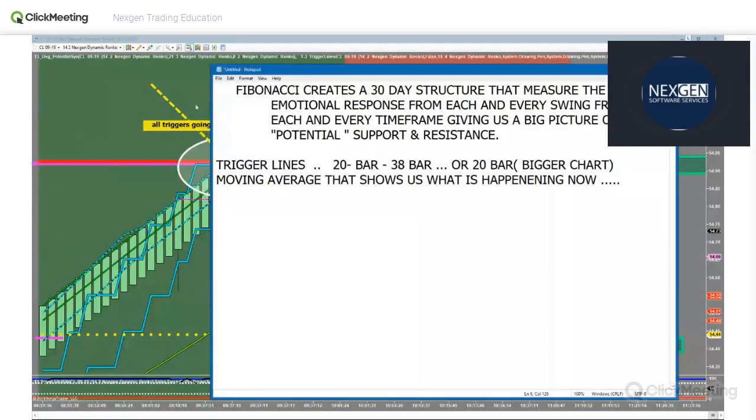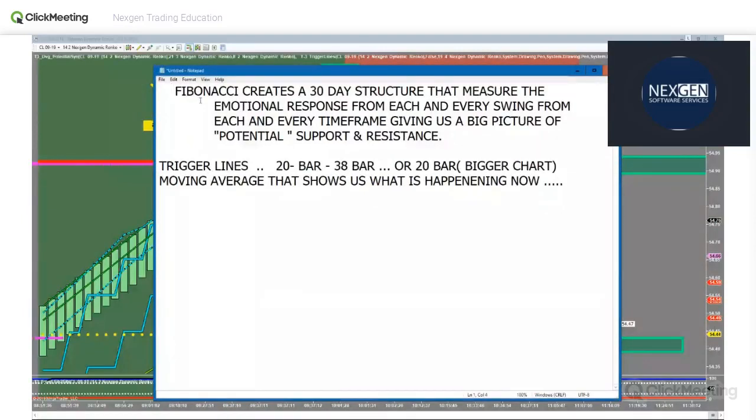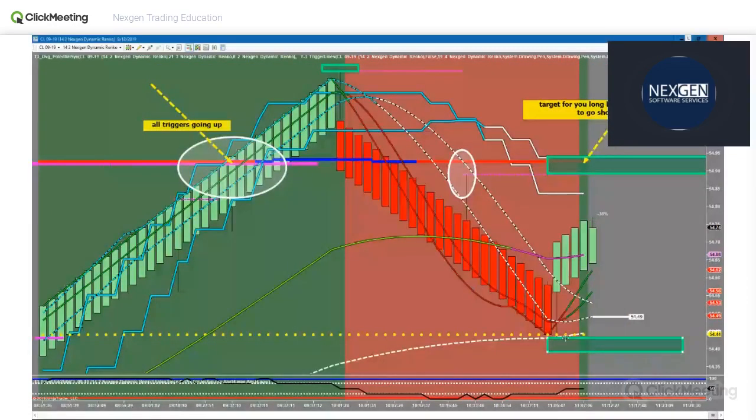Fibonacci sets a framework, if you will. And then the trigger lines are only a 20 bar moving average or a 38 bar moving average, or a 20 bar from a bigger chart, synthetic triggers.